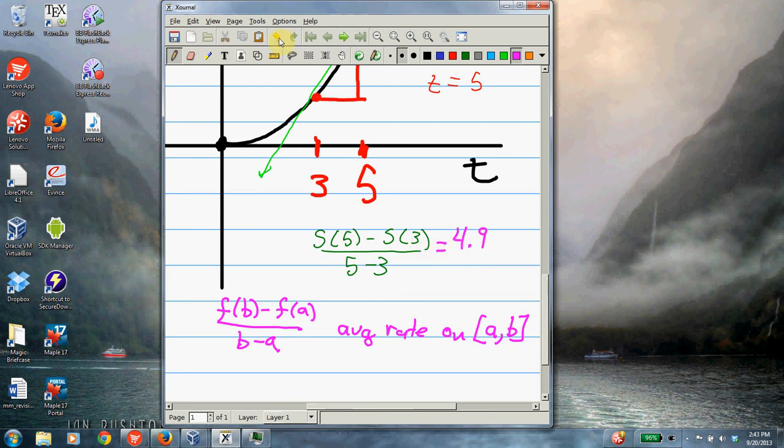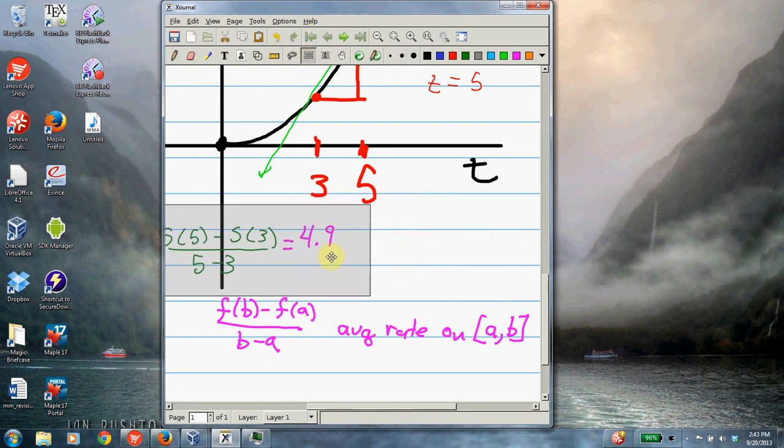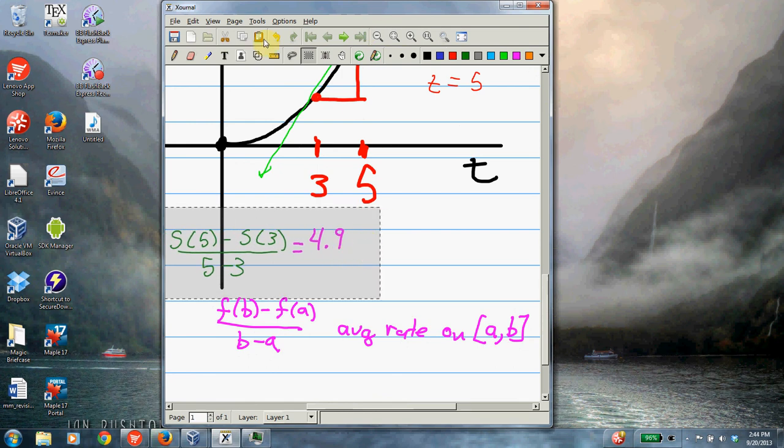So this is 4.9 times 5 squared minus 4.9 times 3 squared, and this is all over 2. Okay, and now you might be thinking, I don't have a calculator.